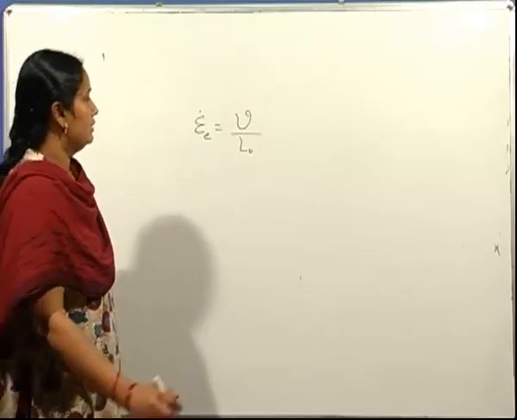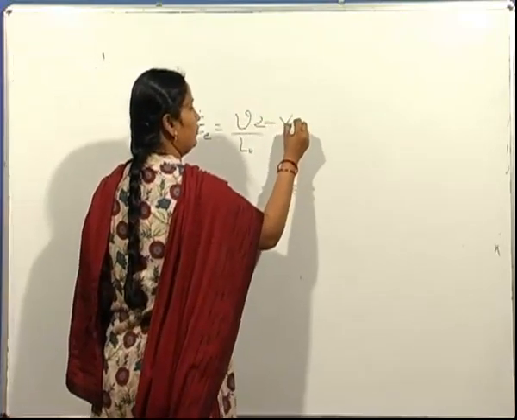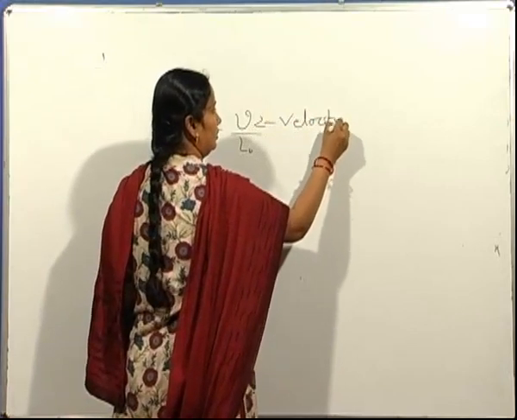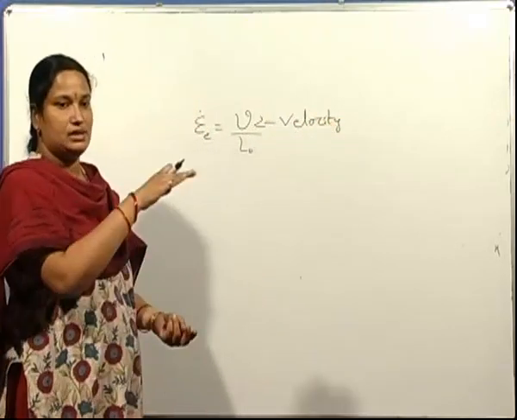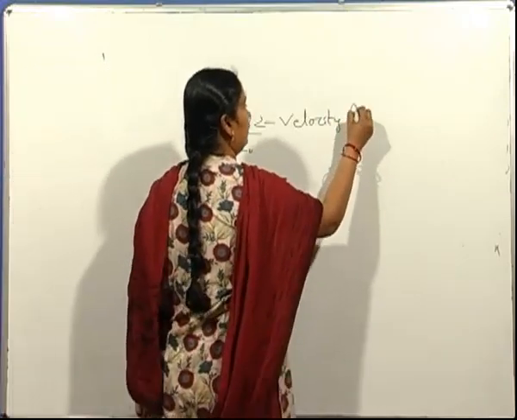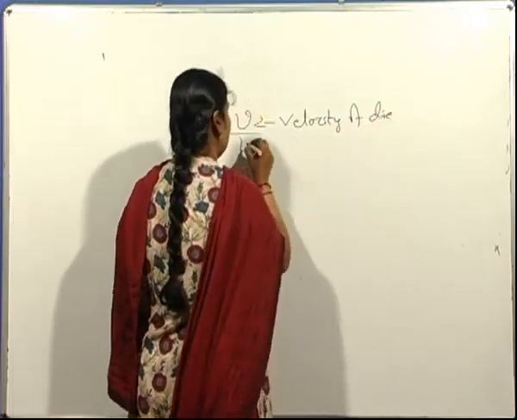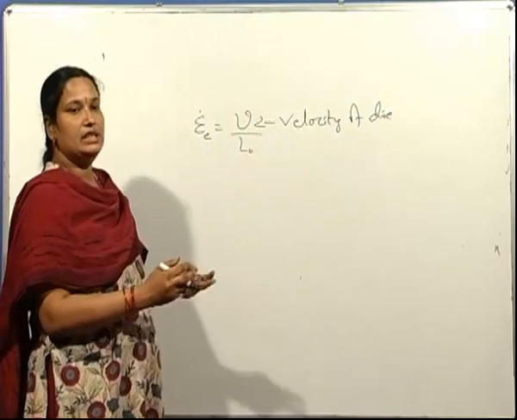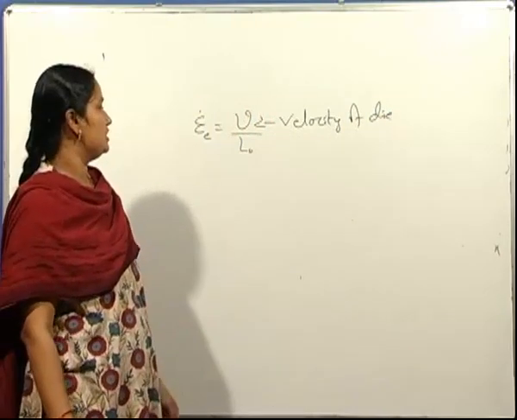So V is the velocity of the die which applies the compressive force on the component, and L naught, or H naught, is the initial height of the specimen.